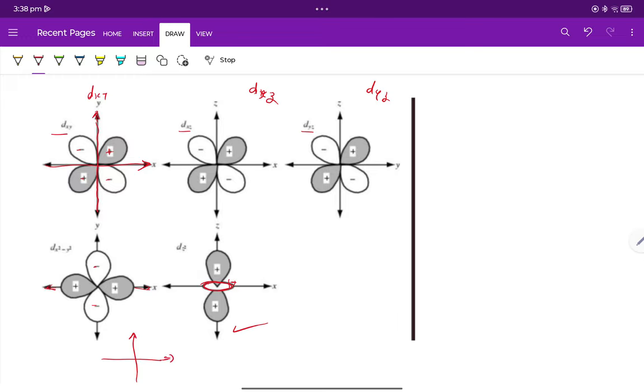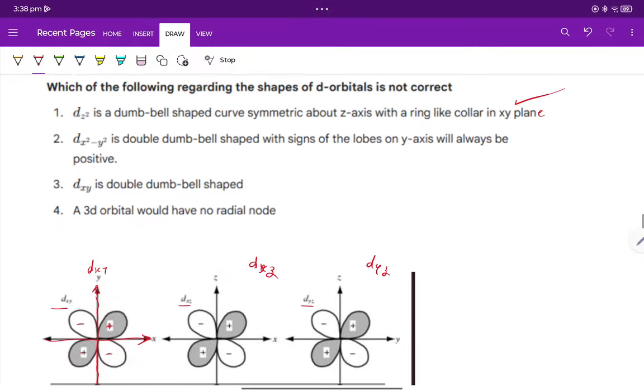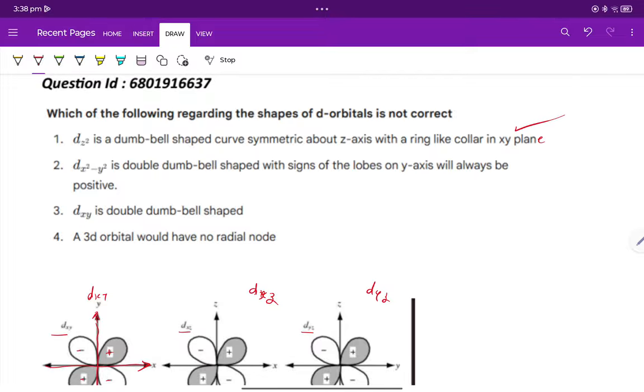If this is y and this is x, another orbital that is possible will have a minus charge here and a positive charge there. So that option is not correct. Signs of lobes will not always be positive. It may be positive or it may be negative. So that is the wrong one.